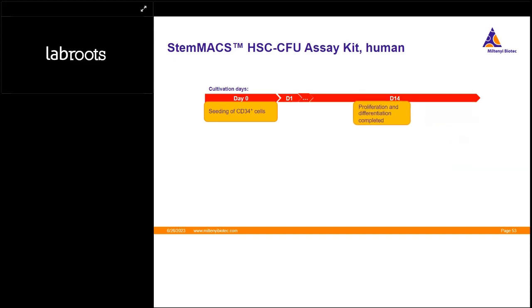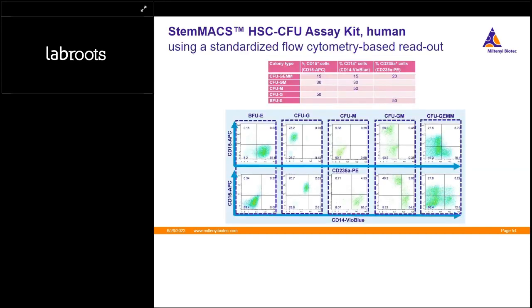What you get is a flow result. For each well, the expression of surface markers CD15, CD14, and CD235 will hopefully give you a strong measurement of what kind of cluster it is. So by doing that, you would be able to automatically read out every single well for your measurement.